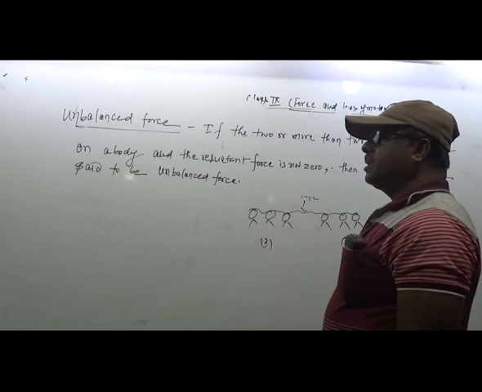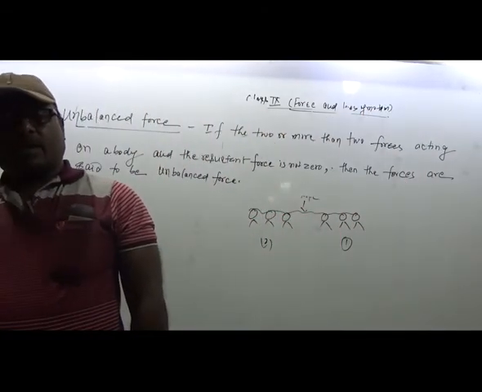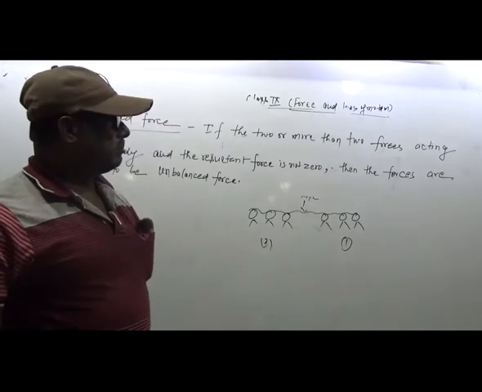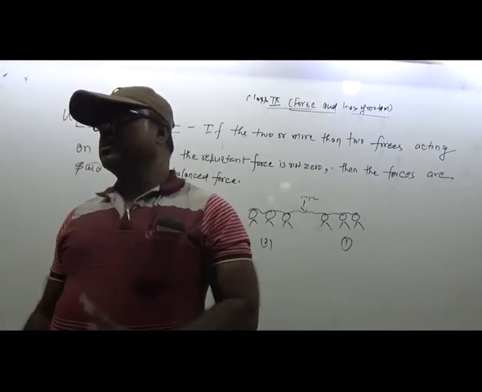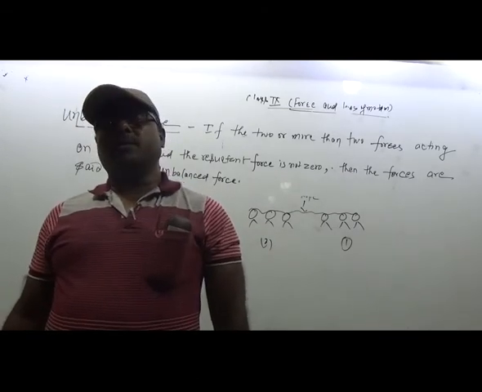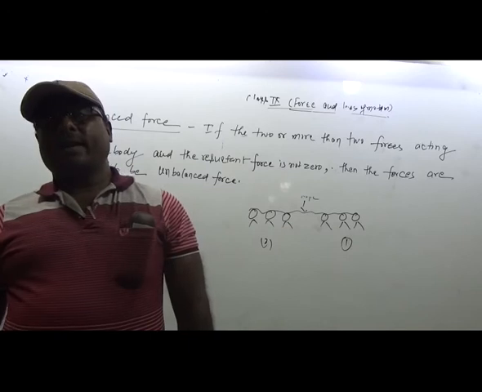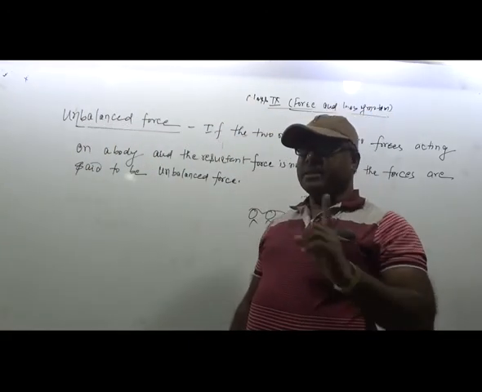Then we say that the unbalanced force is working. So it is true. Whenever we want to bring the object into motion, the unbalanced force is applied. And you know that it is always the resultant force.